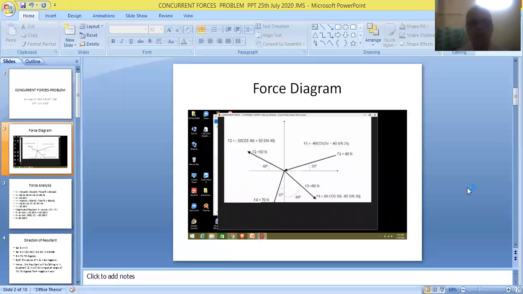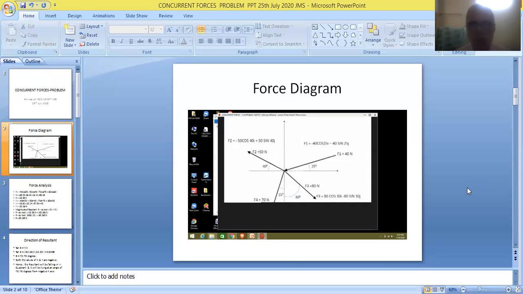So now, friends, we have to solve the problem that is shown in this particular figure. Several forces are shown in this figure, and the magnitudes of all the forces are given.